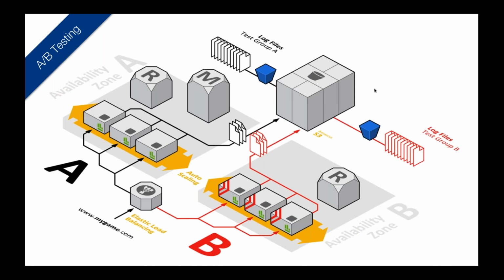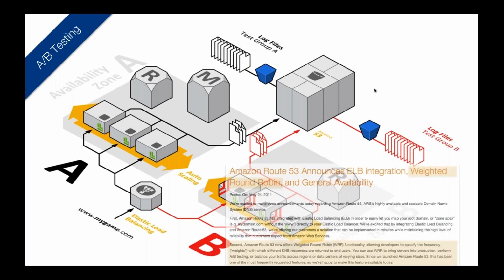You can split the traffic across them and see, for this feature that I'm testing in 2 versions, which performs better, or which do my customers like better? So you can do A/B testing like that. We have a blog post on it, so if you want to find out more, search for weighted round robin Route 53 ELB integration.